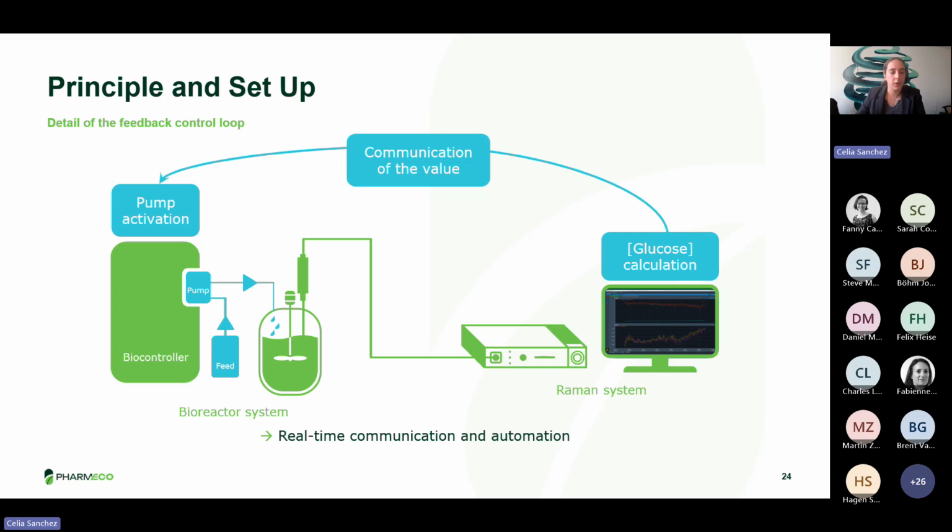Once the Raman spectra is read by the analyzer, it's communicated to the software, which calculates the glucose concentration. The glucose concentration is then communicated to the bioreactor system, which, according to a function that I will detail later, activates a pump consisting of a complex feed where there is glucose in it.